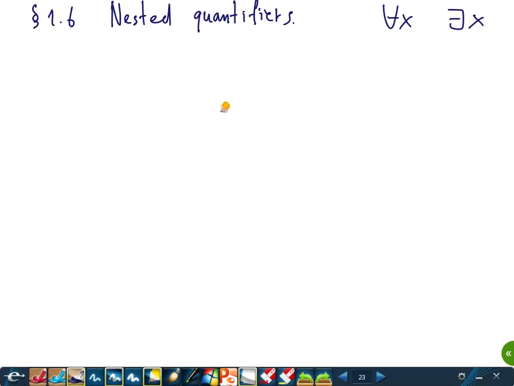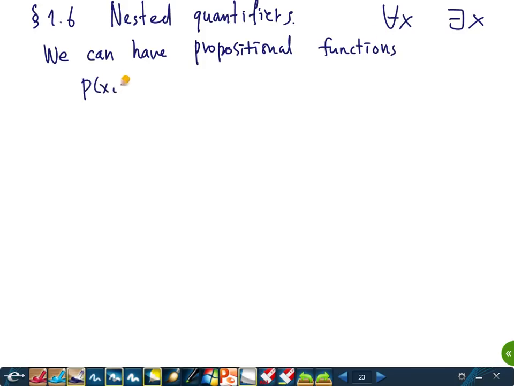And propositional function, I told you propositional function is p of x, where x is a variable. But a propositional function can have more than one variable. You can, why not, have 2 or 3 or more variables, like p of x comma y.